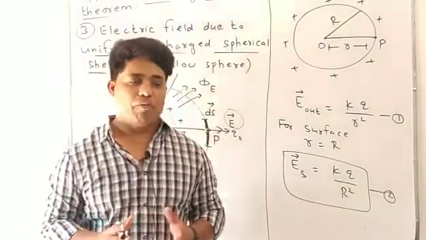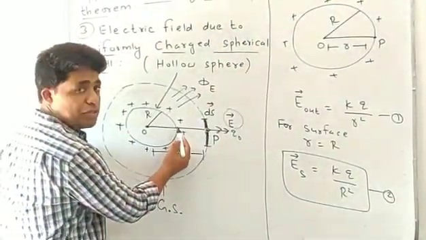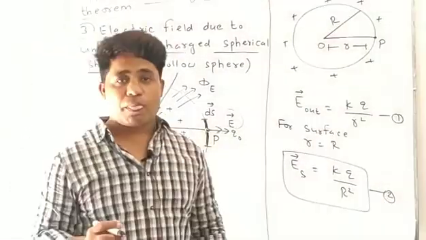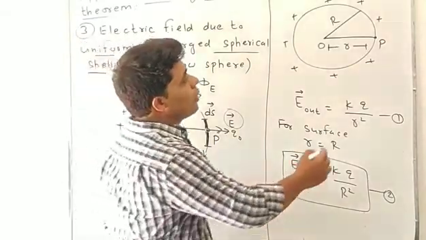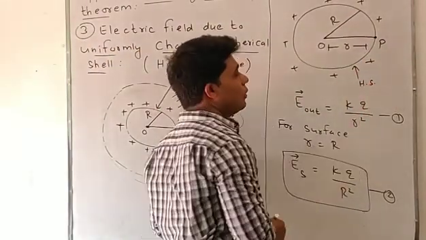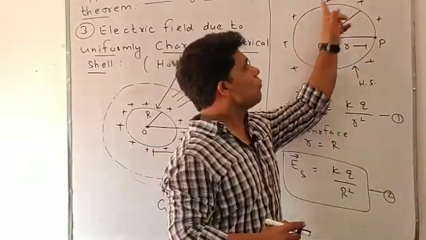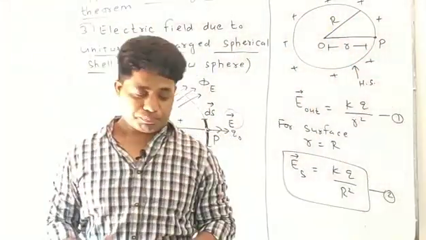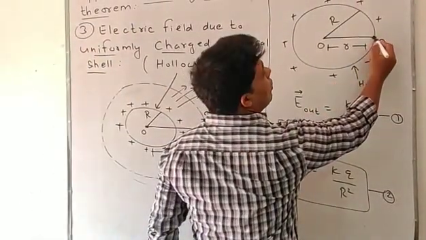Now students, we'll find the electric field when P lies on the surface. We did the first case when P lies outside the sphere. This is our hollow sphere, it is charged, all the charge is uniformly distributed on its outer surface, and this time P lies on the surface.